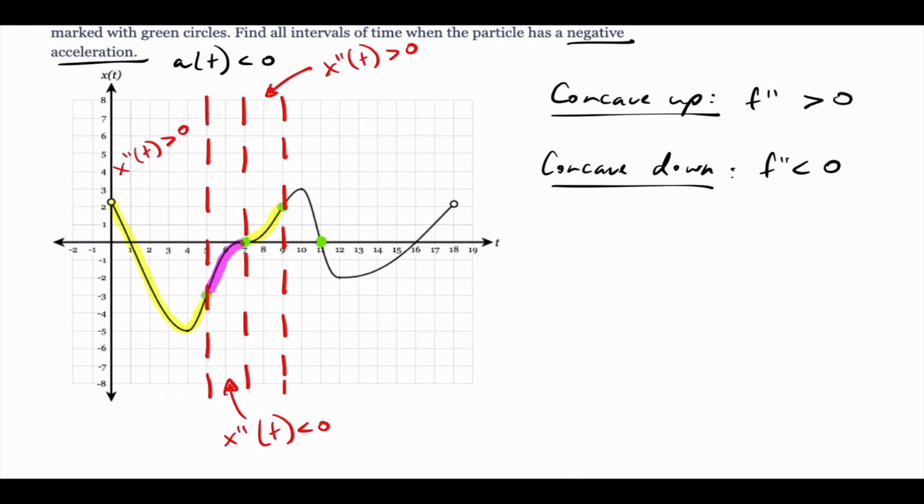Next part. That one's spilling water. And then the last one, from the last green dot to the end, holding water.